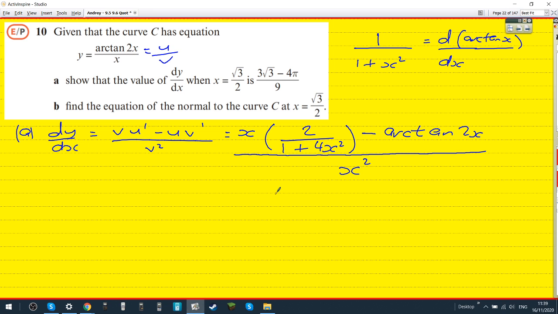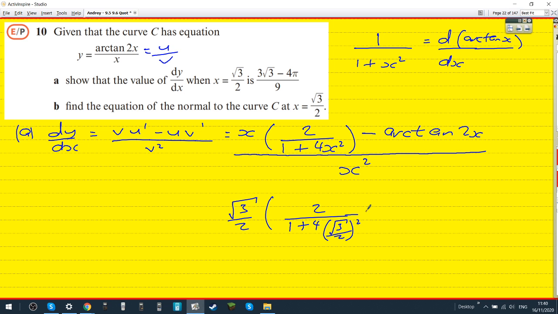Okay, what is next? Do I now need to sub in root 3 over 2 into the x values? Yeah, and then I get equals to 3 root 3 minus 4 pi over 9. Yeah, that's good enough for me.